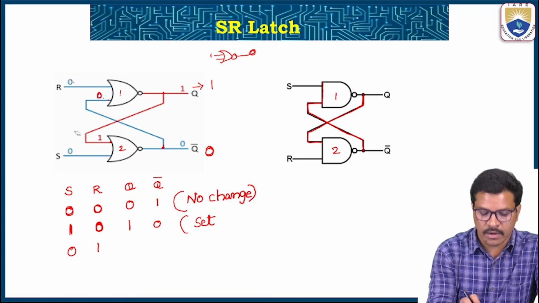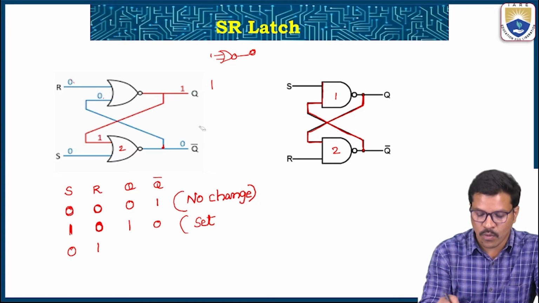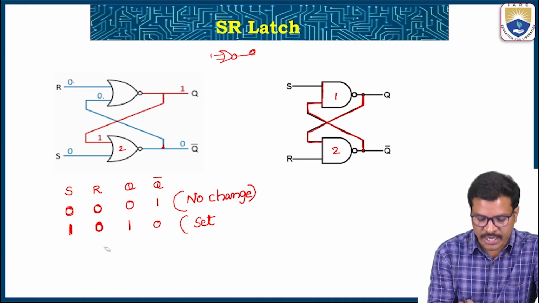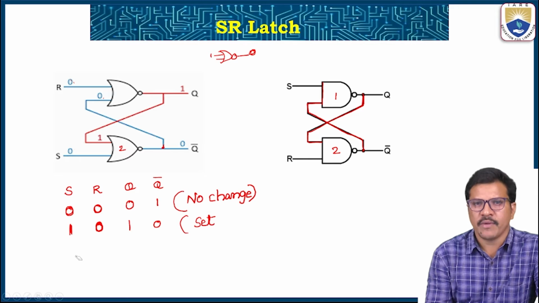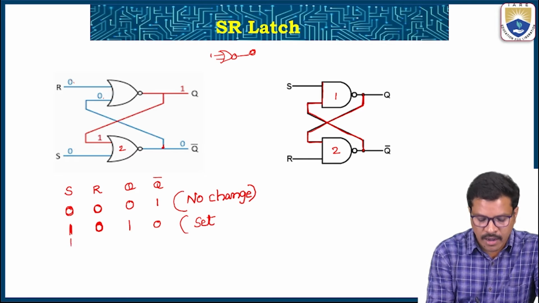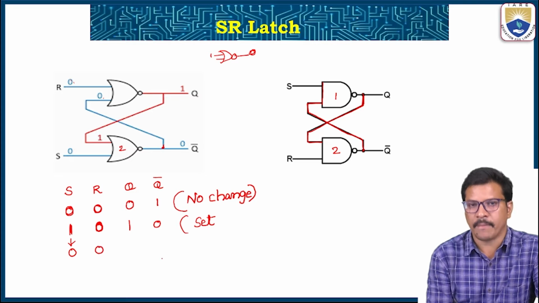Before considering this case, let us take the memory cell action. Now I return the set value to 0, and R is already 0. What happens?